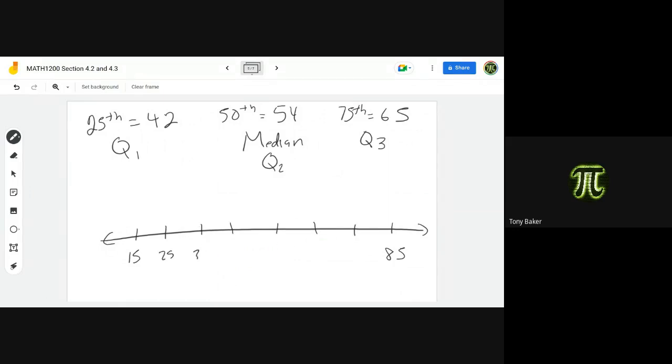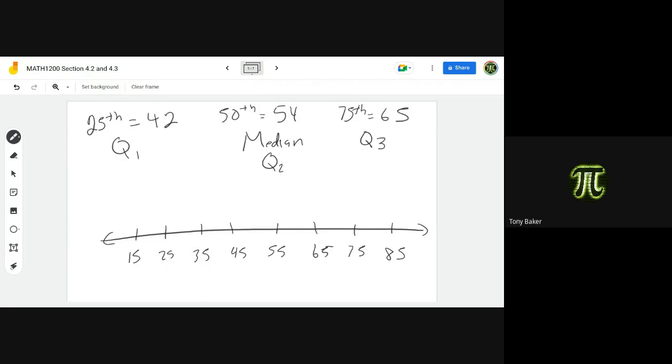Okay, 25, 35, 45, 55, 65, 75. Quick and dirty number line. When you're doing your box and whisker plot, there's 5 numbers you need. Q1, the median, Q3, the minimum and the maximum.